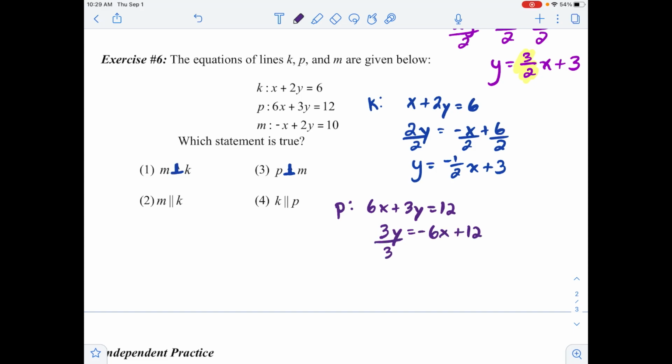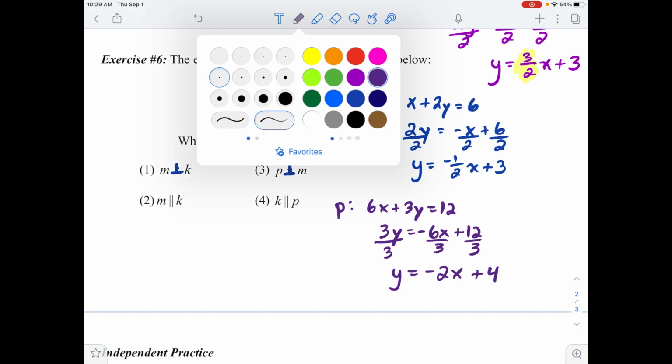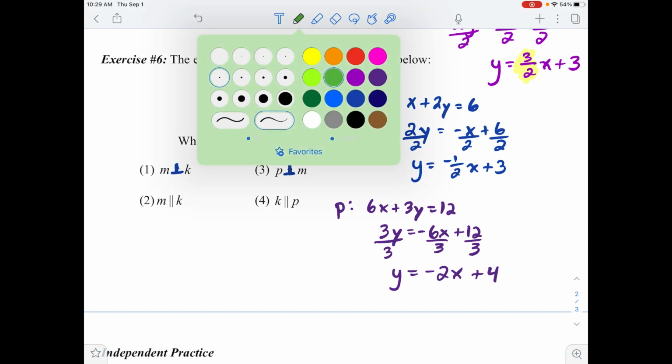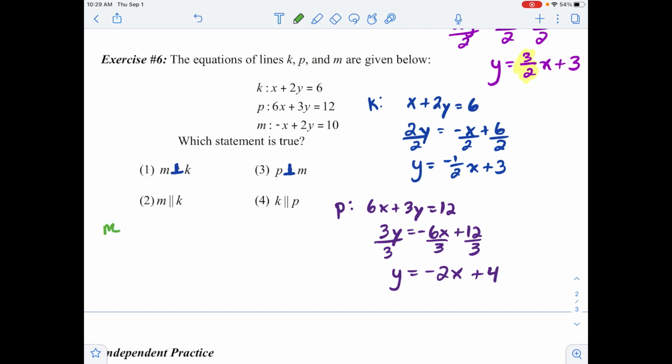Then I'm going to divide by 3 to get y equals negative 2x plus 4. And the last one, m, negative x plus 2y equals 10. Let me add x. Let me divide by 2 to get y equals a half x plus 5.